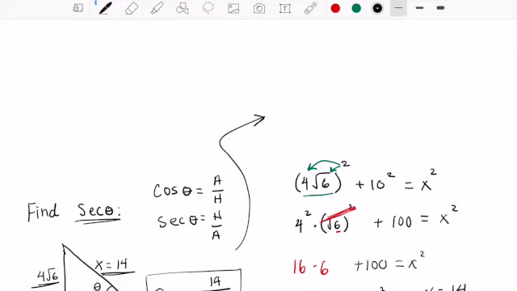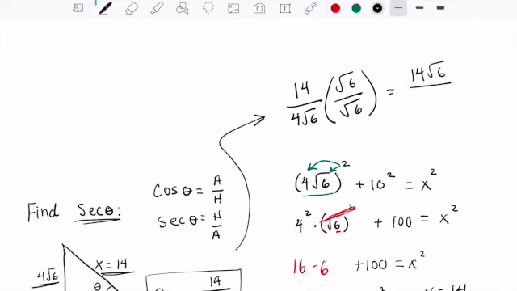So we rationalize, saying 14 over 4 root 6, and we're going to multiply top and bottom by root 6. What happens here is that gives me 14 root 6 over, when I multiply these, the radicals are going to cancel, giving me 4 times 6 equals 24.